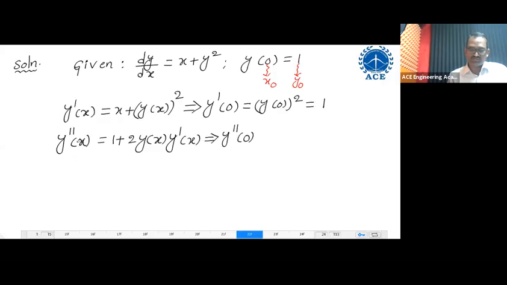So y double dash of x naught is equal to 1 plus 2 into y of 0 into y dash of 0. y of 0 is given to be 1, and y dash of 0 is also given to be 1. So the answer is 3.